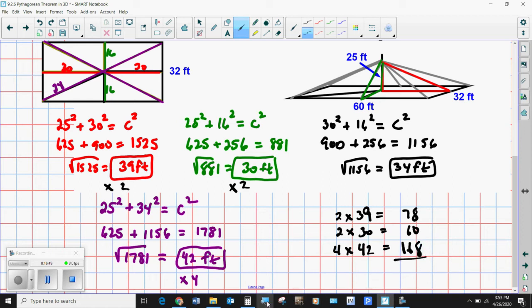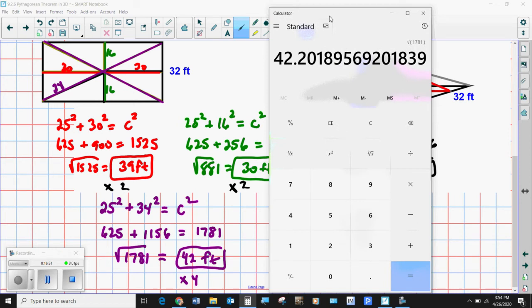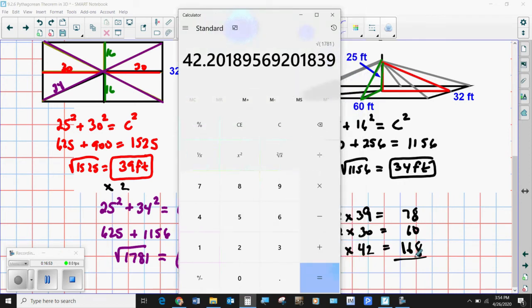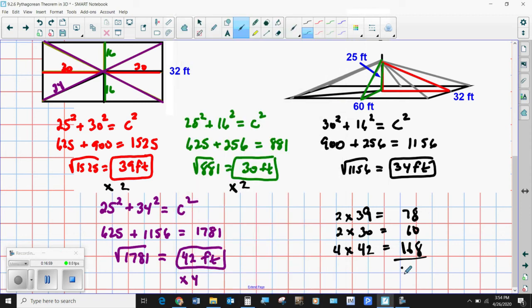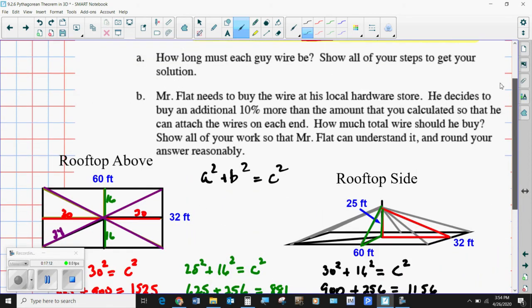And so the total there, I'll just use my calculator since I've got it so handy. 138 plus 168 means we need 306 feet of guy wire. So you go to Home Depot, see if you can get 306 feet of guy wire. I'm sure they'll sell something to you there.